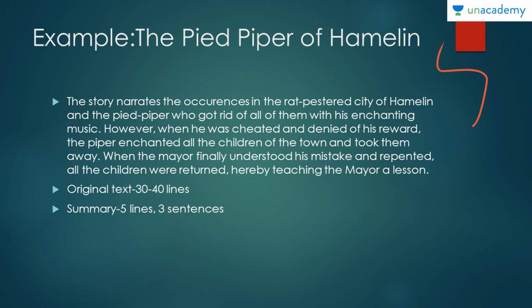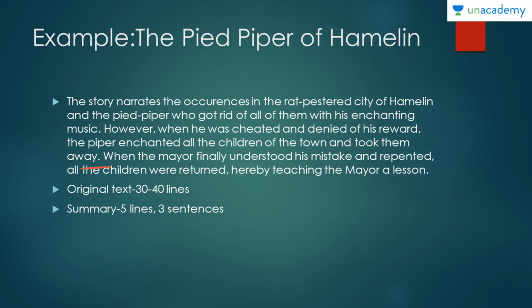The story narrates the occurrences in the rat pestered city of Hamelin, troubled by rats, and the Pied Piper who got rid of all of them with his enchanting music. However, when he was cheated and denied his reward, the piper enchanted all the children of the town and took them away.